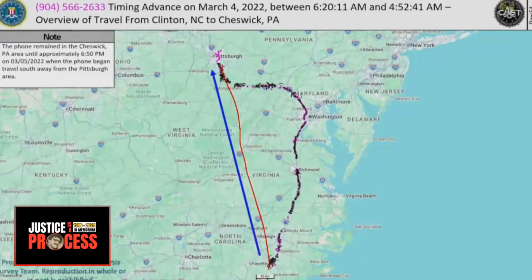So it arrives on 4:52 a.m. on the 4th, or is that supposed to be p.m.? I apologize. It may be supposed to be p.m. Okay, so 4:52 p.m., this device arrives in this area outside of Pittsburgh and then remains there until 6:50 p.m. on March 5th.